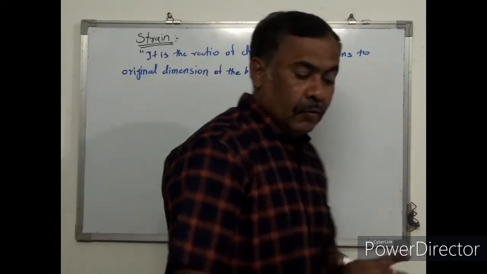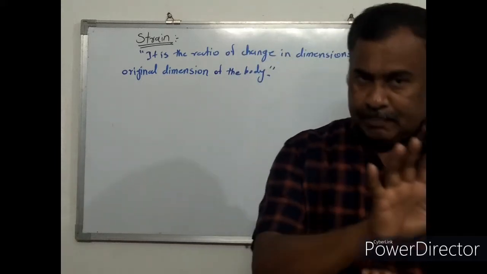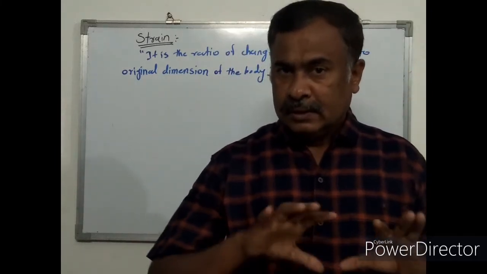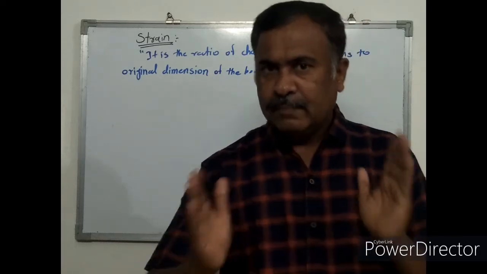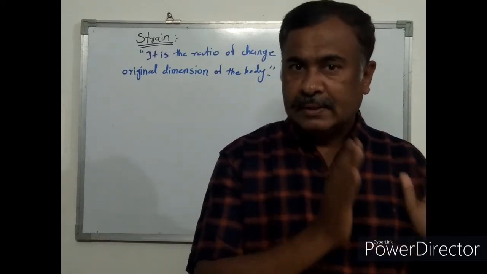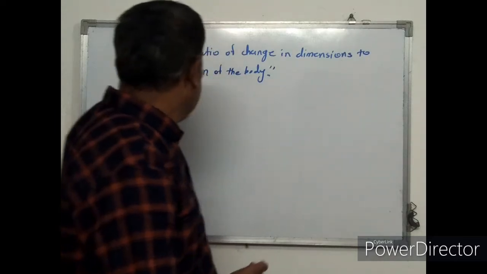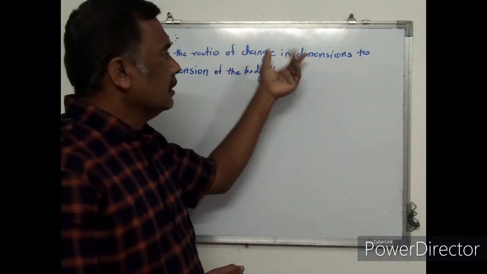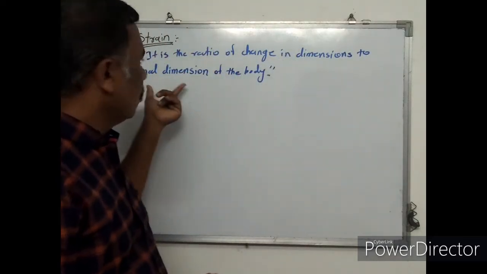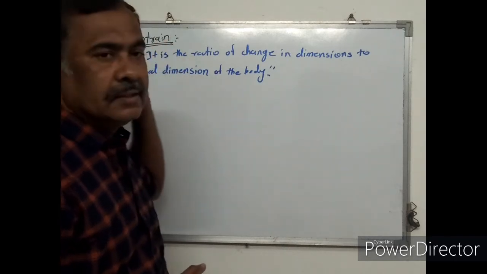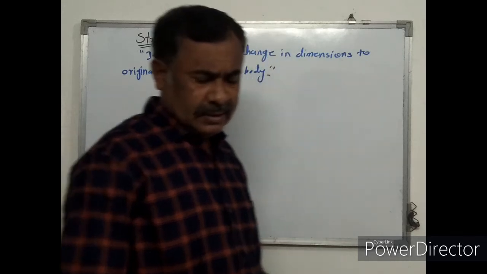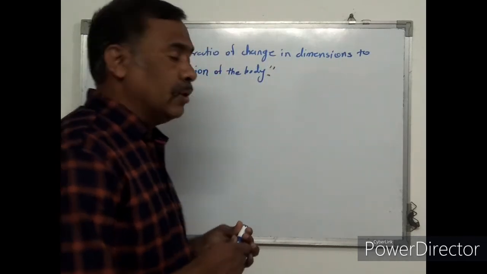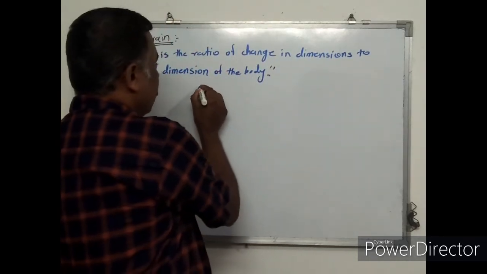Means when we apply a deforming force, the shape and size of the body changes. And when we release that force, it regains its original shape and size. The ratio of change in dimension to original dimension is known as strain, right? Here strain is a unitless quantity.